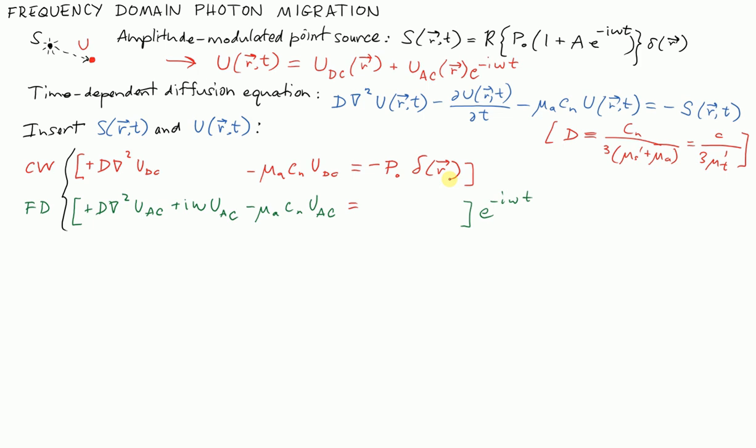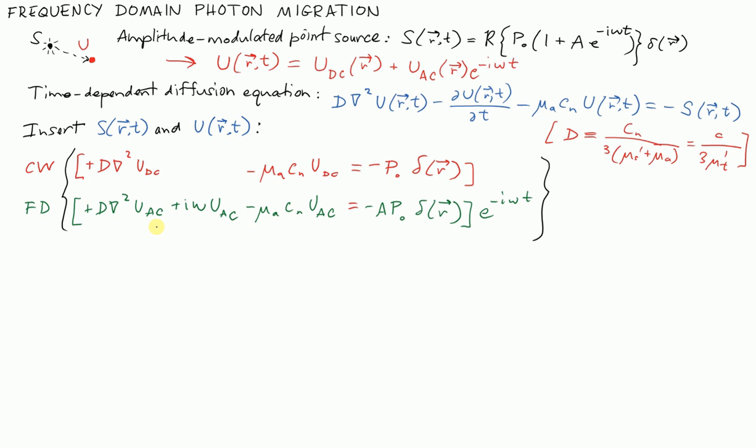As for the frequency domain term, the only thing that's changed is I have an extra factor of A. So it's minus a fraction of the total power, P naught, and then a delta function. I can then close the brackets and say this is the entire equation. It's a bunch of DC terms and a bunch of AC terms.